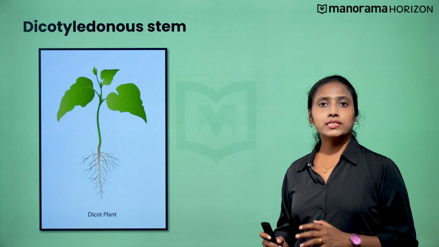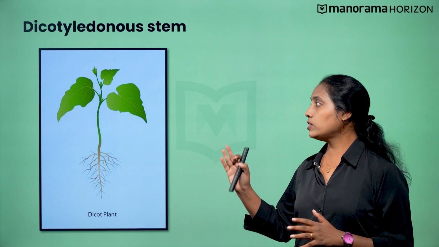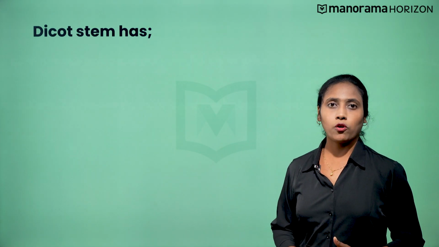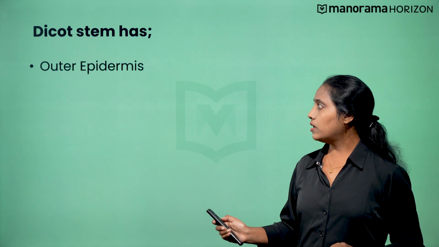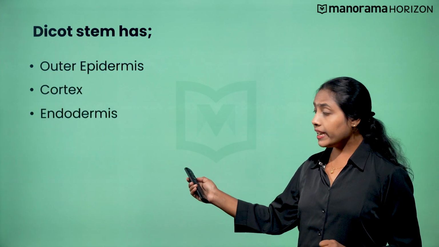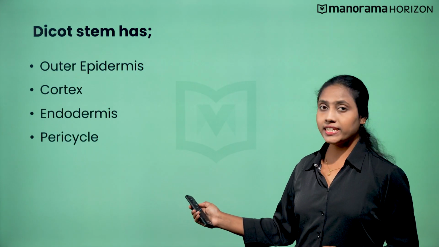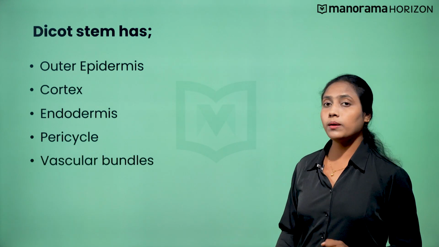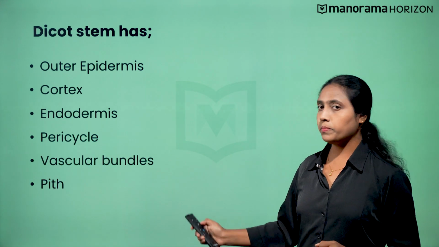Now, let us study the dicot stem. A typical dicot stem consists of epidermis, cortex, endodermis, pericycle, vascular bundles and pith.